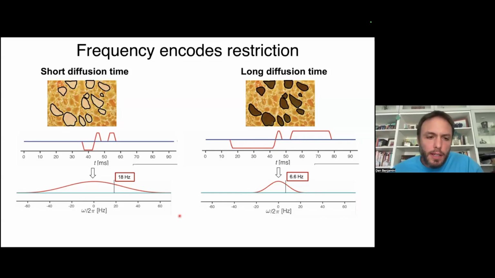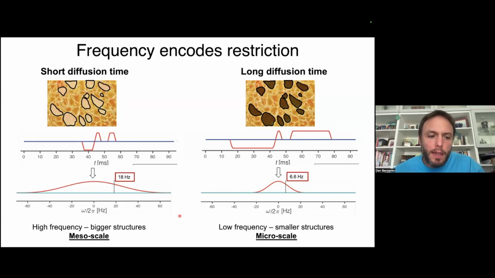So any time domain waveform can be Fourier transformed into the frequency domain. And of course, we know that time and frequency are inversely proportional. So the long diffusion time corresponds to a low frequency, and the short diffusion time to a high frequency. And of course, at higher frequency we're looking at bigger structures, and at lower frequency, smaller structures. And this is very important to remember.